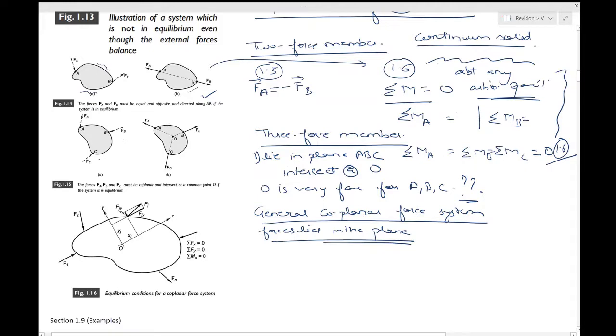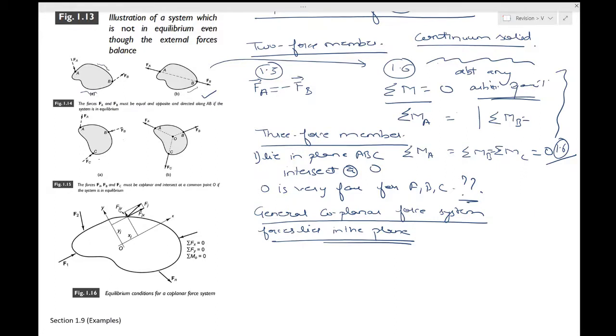We are doing this because it is easier to understand and apply 1.5 and 1.6 if it's in a plane, because automatically the third dimension does not play much role. So there's a reduction in the number of unknowns. You'll see that. The forces all lie in this plane, the plane of your screen right now. So in this case, 3 of the 6 general scalar equations of equilibrium are immediately satisfied.